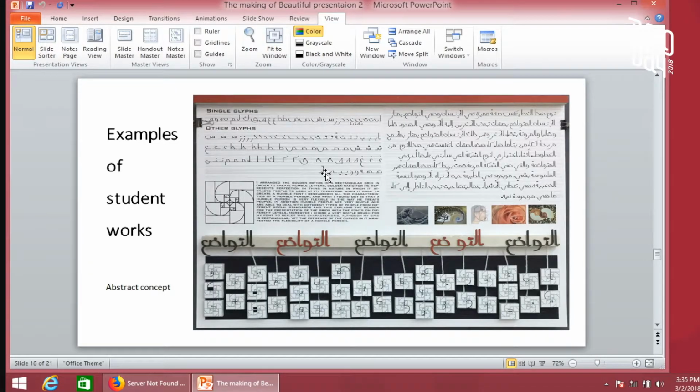Those are examples of some of our students' work. This example was done by one of our students in the Arabic typography course, and it was about humble.